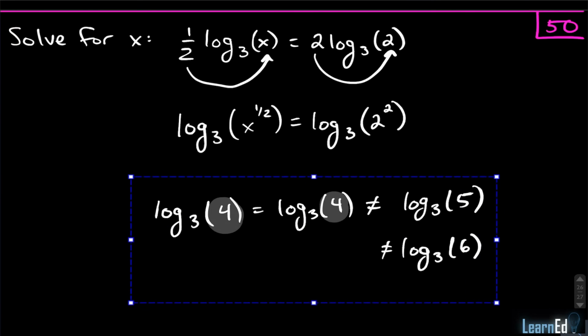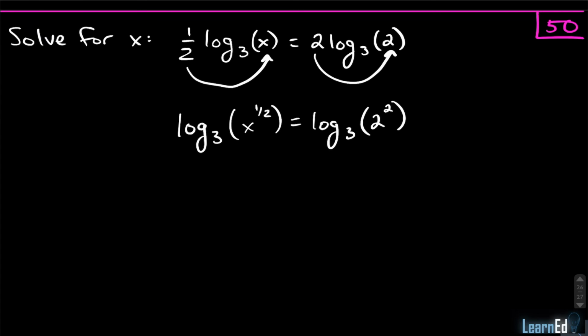This is the same exact thing as common bases with exponents. We know that x to the 1/2 needs to equal 4. And so all we have to do to solve this is just square both sides. If we square both sides, we get that x equals 16.